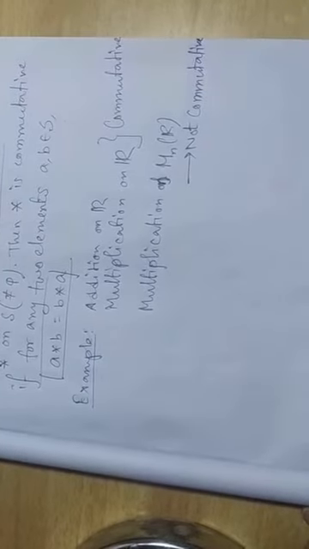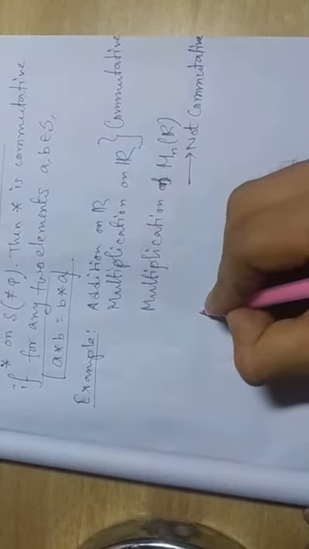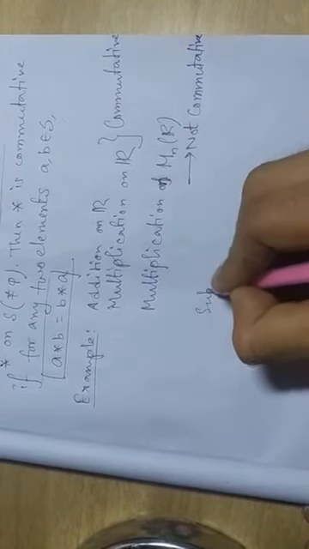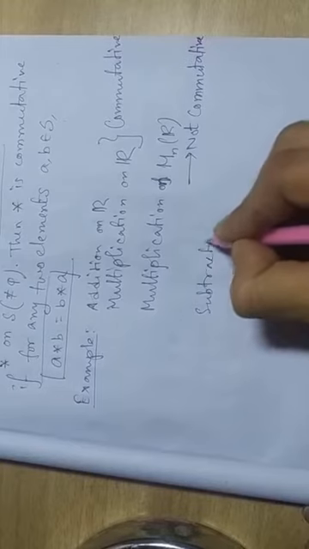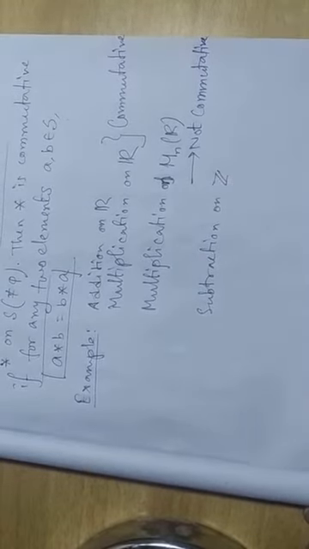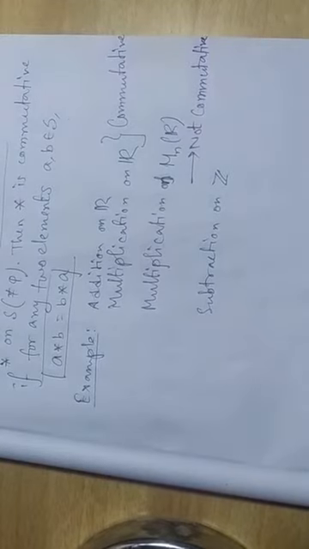Another one, what about subtraction, say we are taking on Z? Is it commutative? No, it's not, because A minus B and B minus A are not the same. So in this manner we can check whether a binary operation is commutative or not.